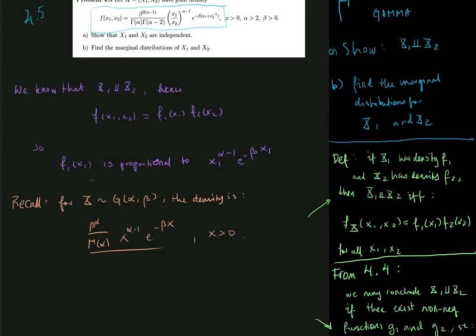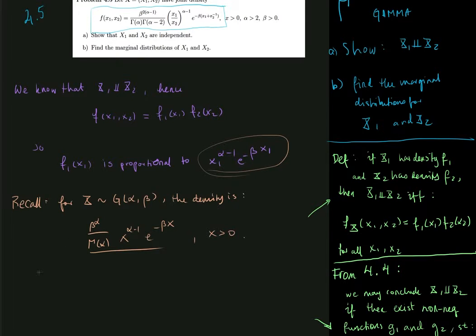So this reminds an awful lot of the thing that we know the density of x1 should be proportional to. So actually already now we can recognize that x1 is gamma distributed, because we know that this is the density of x1 just without the constant.